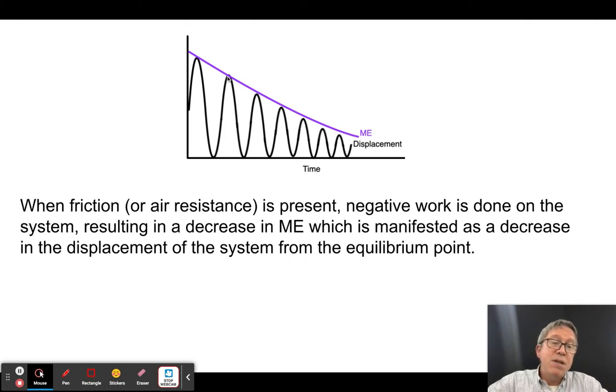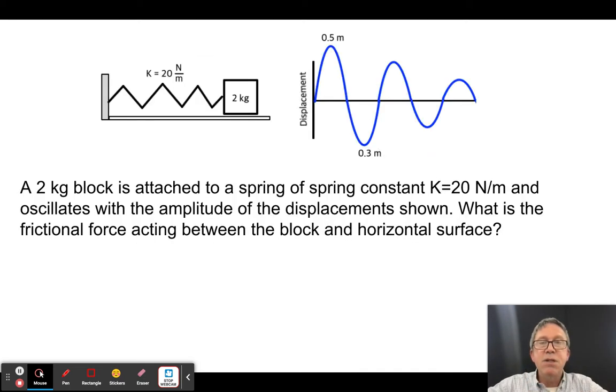So therefore, I have less mechanical energy, because at this point, my kinetic energy is the only kind of mechanical energy I have. And now my kinetic energy goes to zero, but my potential energy doesn't. But with each successive oscillation, my maximum kinetic energy is getting smaller and smaller. And that tells me that my mechanical energy is getting smaller and smaller as well. And eventually we'll reach zero when the system damps to zero.